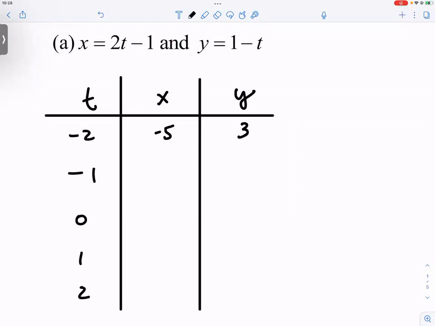When t is equal to negative 1, x equals negative 3, and y is equal to 2. When t is equal to 0, x equals negative 1, and y is equal to 1. When t is equal to 1, x equals 1, and y equals 0. And for t equals 2, x equals 3, and y equals negative 1.